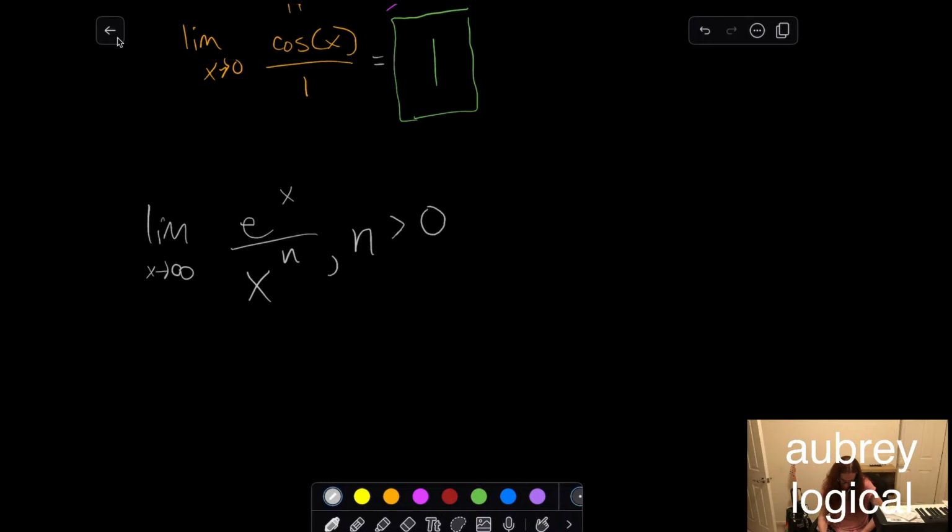But, I guess, no, n doesn't have to be greater than 0. So n has to be greater than or equal to 0. So, we have the form that we want.